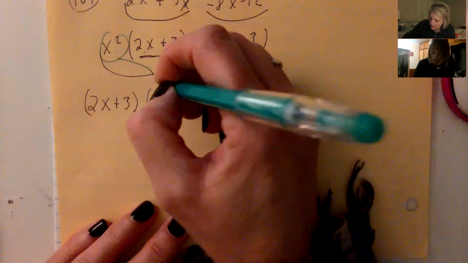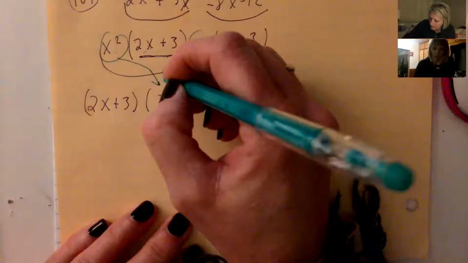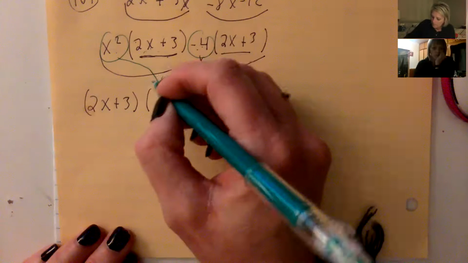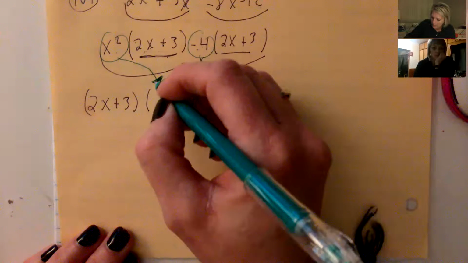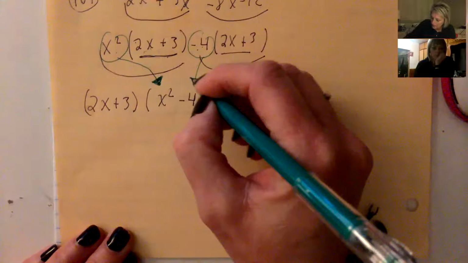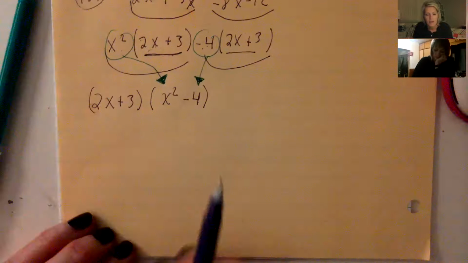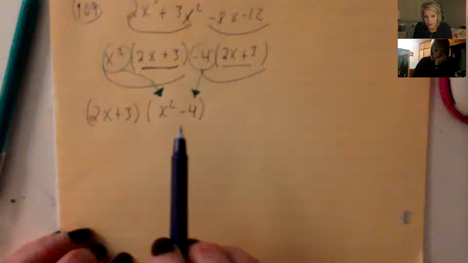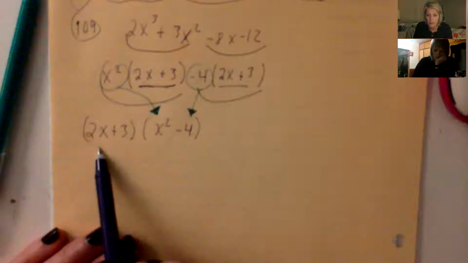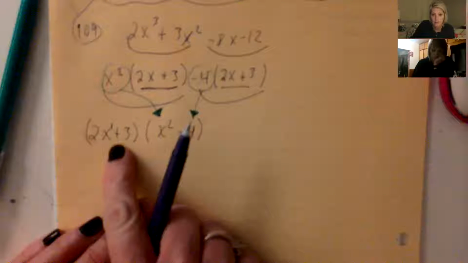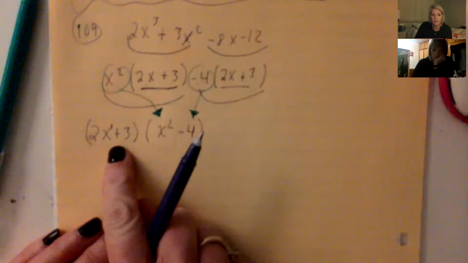The x squared is left there, and then minus 4 is left there. Some coloring is always therapeutic. Okay. And then we always ask if we're done. So the 2x plus 3 is done because the x has a 1 exponent. So that one's done.